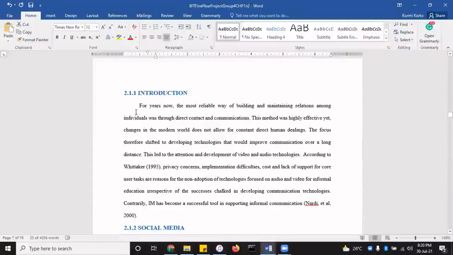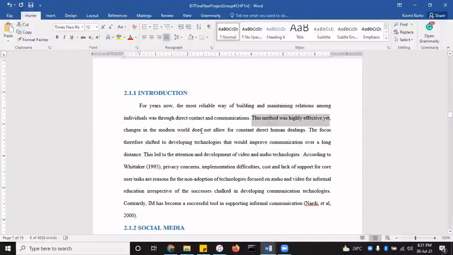Okay, so it says, for some years now, the most reliable way of building and maintaining relations among individuals was through direct contact and communications. This method was highly effective, yet, see the English?